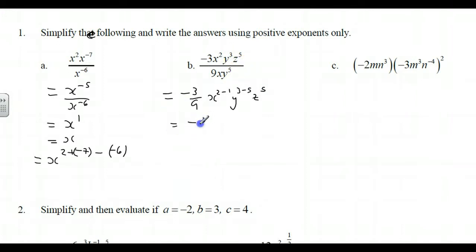So this is negative 1/3 x, y to the negative 2, z to the 5th. Now, positive exponents only. So we're going to go with negative 1x z to the 5th over, the 3 is on the bottom, as is the y, so over 3y squared.